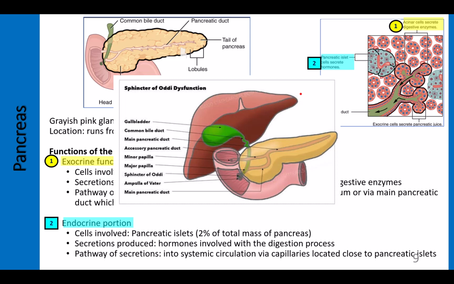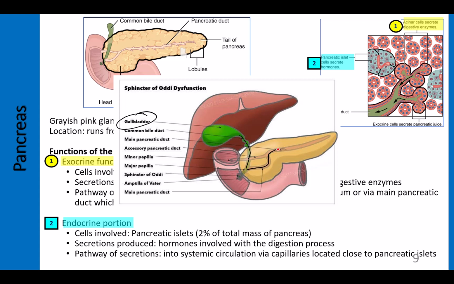But what you can see here is you've got the gallbladder over here, and when it releases bile from the gallbladder, it enters into the common bile duct over here, where it mixes with pancreatic juices.